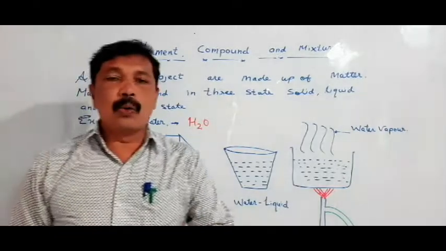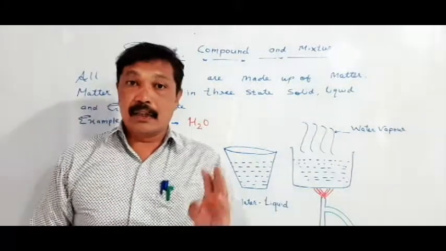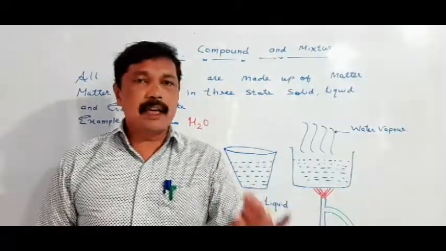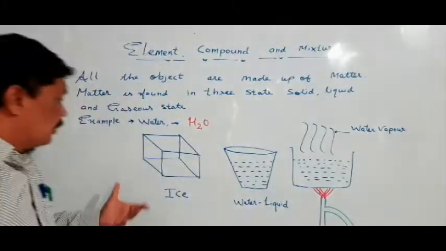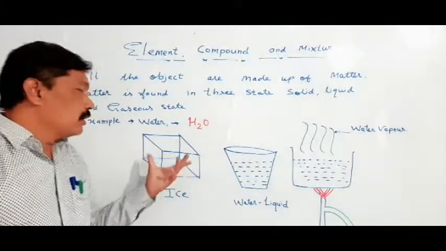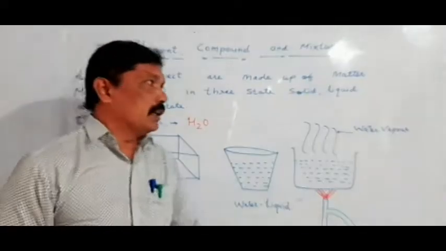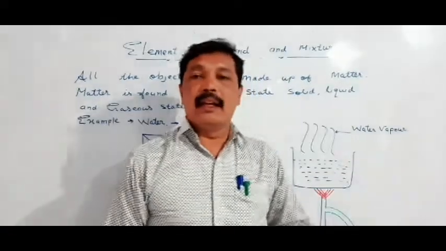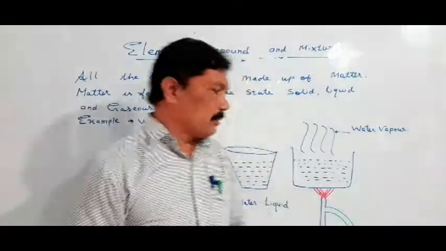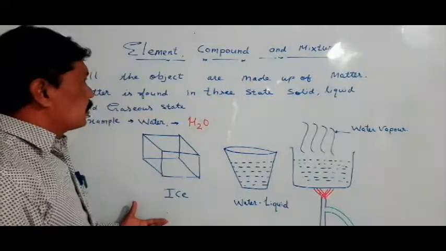Water is found in all the three states: solid state, liquid state and gaseous state. Ice cube, solid state, water in liquid state and water vapor in gaseous state. These are three states of matter.